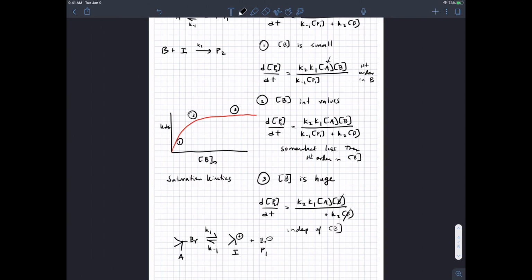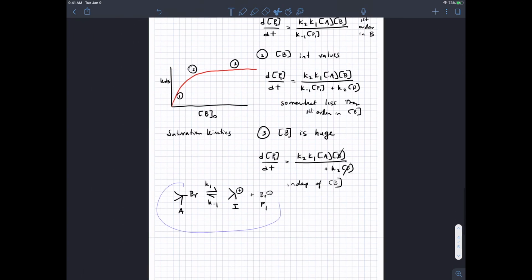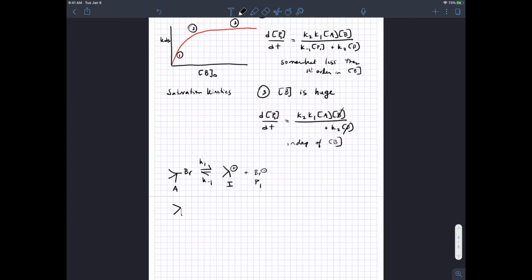So that's P1. And then in the second step, intermediate I reacts with second starting material cyanide with some rate K2 irreversibly to give us, making stuff up at this point, product 2. Okay, all we've done is just put faces on A, B, product 1, and product 2.